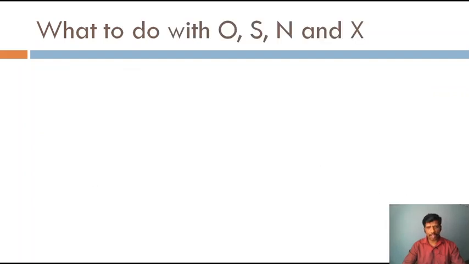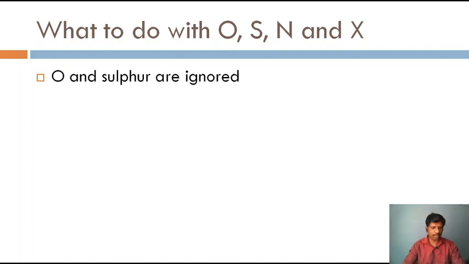What if the compound has oxygen, sulfur, nitrogen and halogens? In that case, we convert this into carbon and hydrogen, then we calculate, because there are some formulas. When oxygen is present, you use this formula. When nitrogen is present, you use that formula. For halogens, there are 3 different formulas, but I would like to use only one formula. You can also use those if you have no problem, but you may get confused.